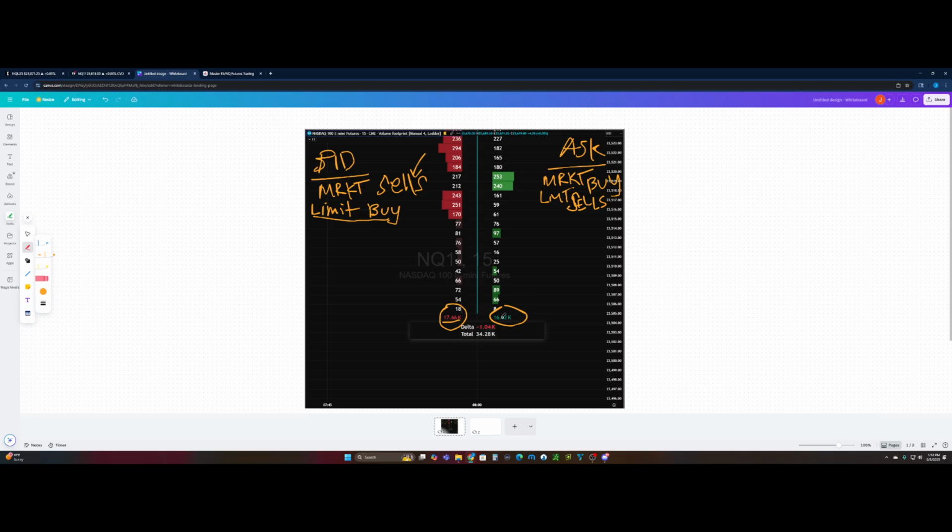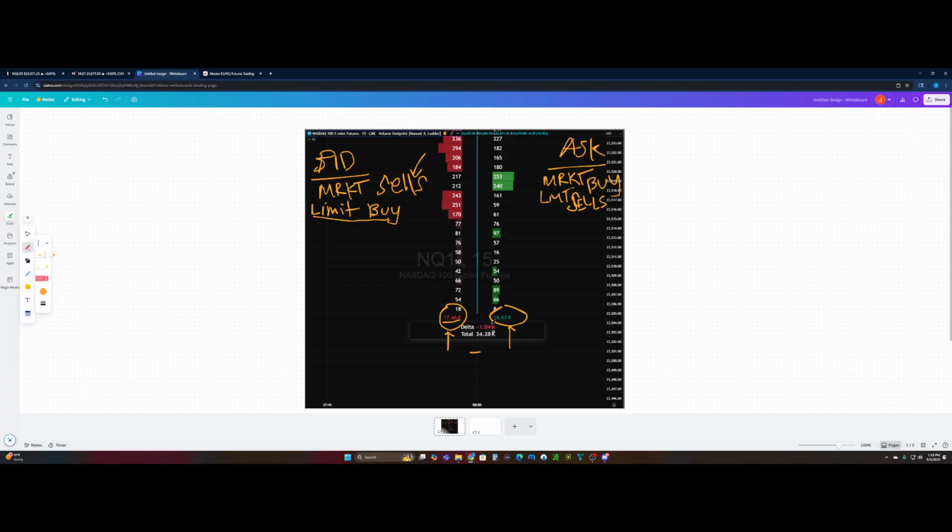On the right, you have 16.62K. Now, the delta is going to take this and subtract it by this. And so you get a delta, which means the difference, right? The total difference of the sellers minus the buyers.